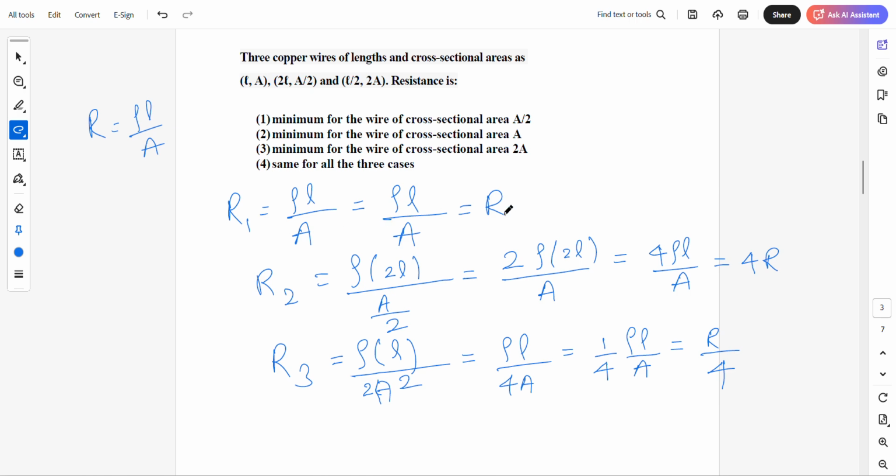Now compare: R1 is equal to R, R2 is equal to 4R, R3 is equal to R by 4. Now what is the question? Minimum for the wire of cross-sectional area A by 2.